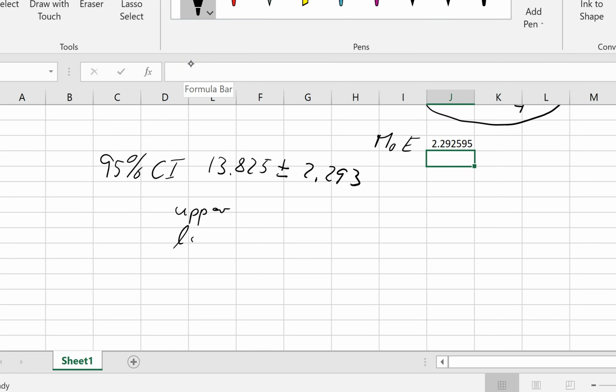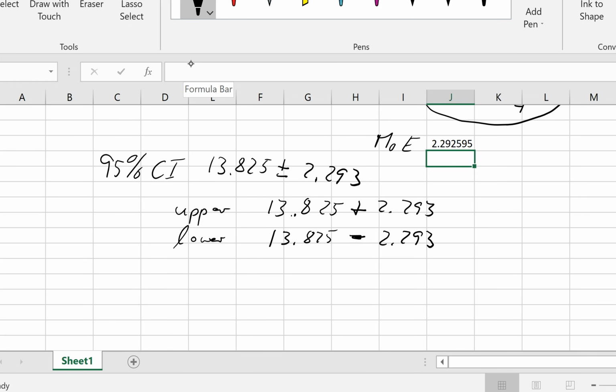So for the upper we do 13.825 plus the margin of error, and for the lower bound we go for 13.825 minus the margin of error.